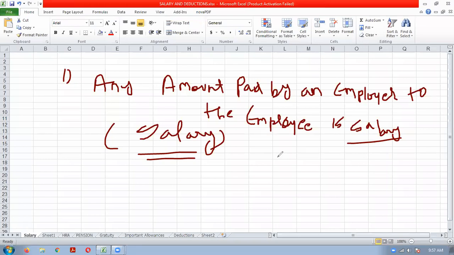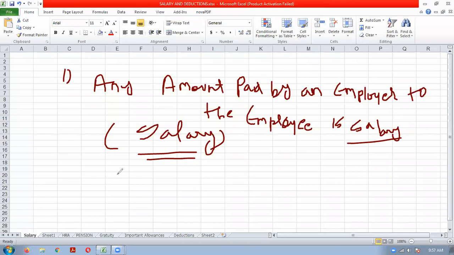Free accommodation, if an employer is giving to an employee, will also come under salary. Like leave travel concessions, etc. All these things will be covered under salary.